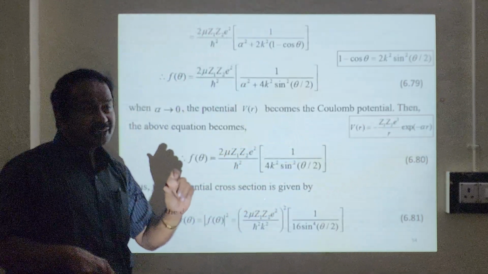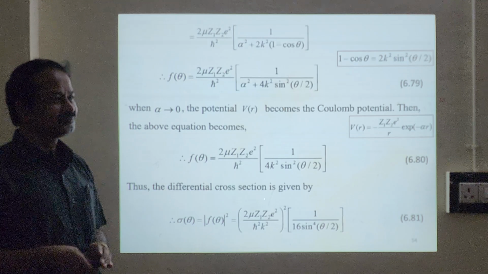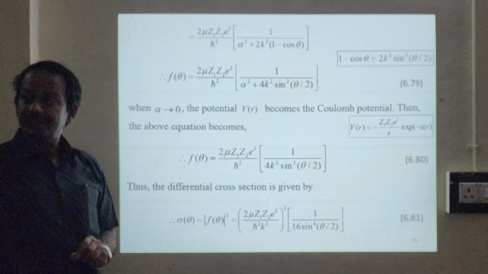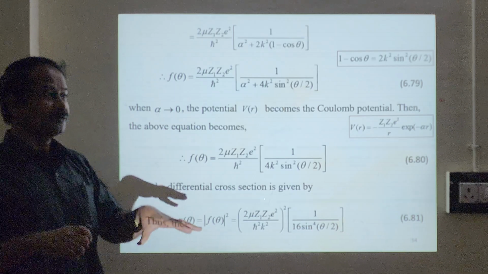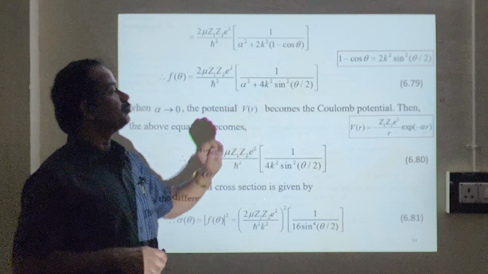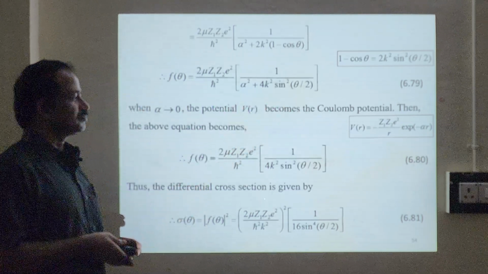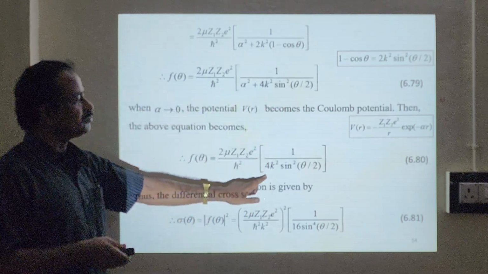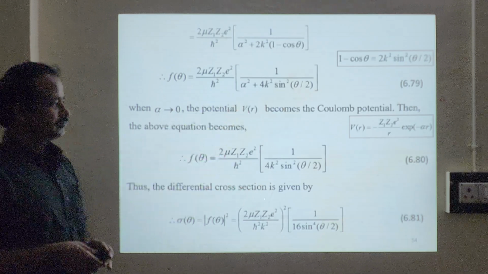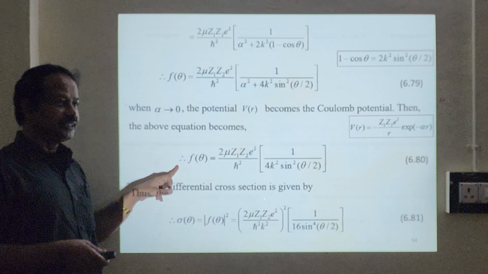This is bare Coulomb potential, correct? We know already, minus e squared by 4 pi epsilon naught r. So if alpha equals 0, it becomes the ordinary bare Coulomb potential. So this expression becomes exactly like this if alpha equals 0. Okay, so this is your f of theta.